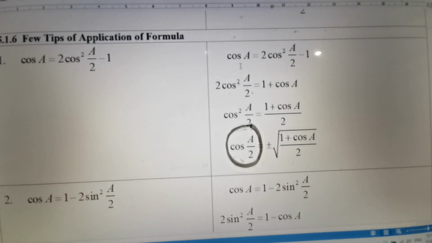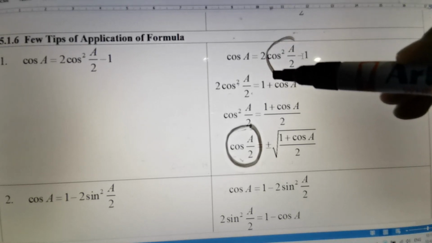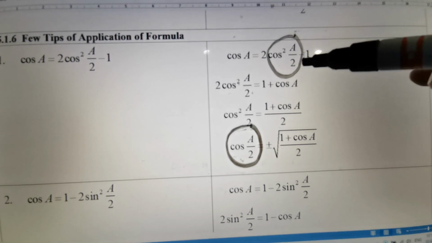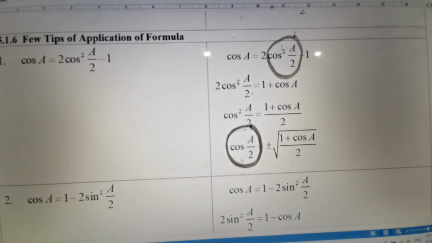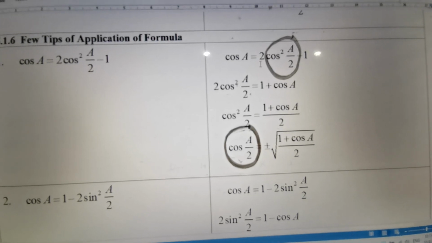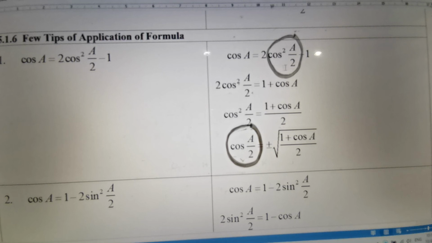Cos A is actually 2 cos squared (A over 2) minus 1. The cos (A over 2) is already underpinned here, so you need to eliminate whatever is free from the cos (A over 2), meaning the 2, the squared and also the minus 1. So you alter until you get this.